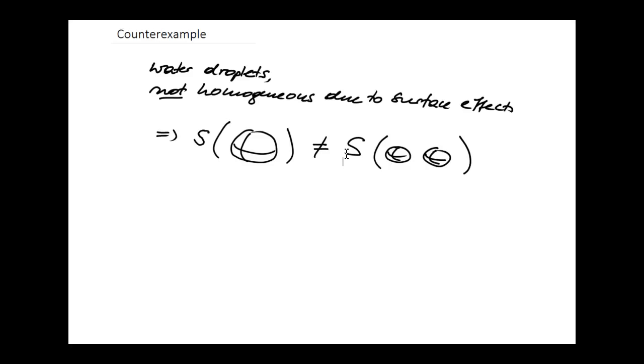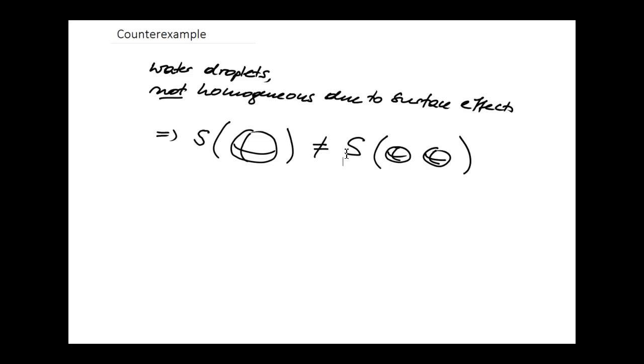Another way of phrasing homogeneity is that you can say a system becomes or is homogeneous as soon as surface effects become negligible.